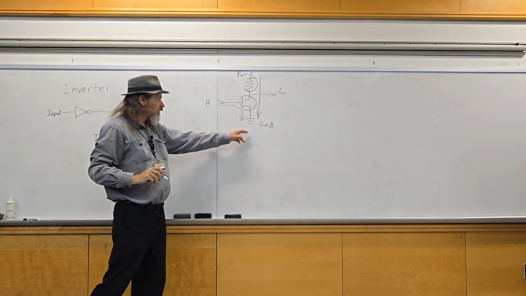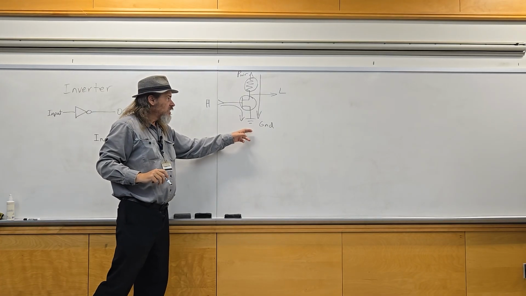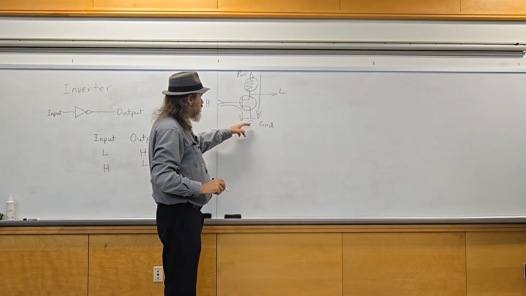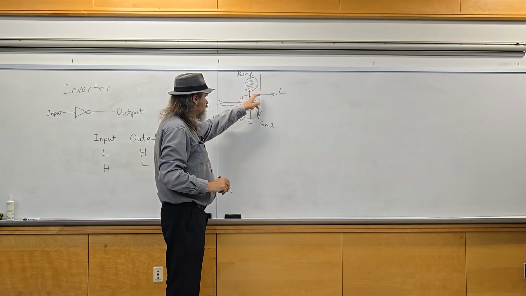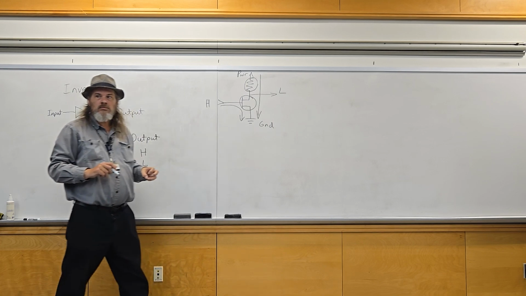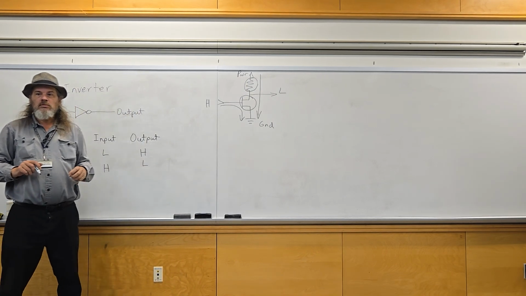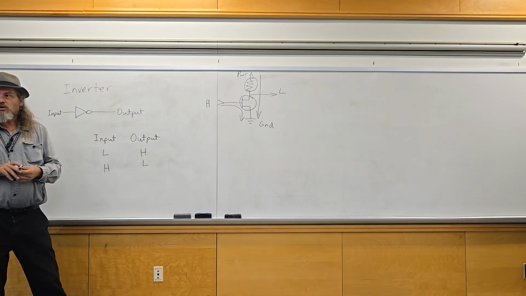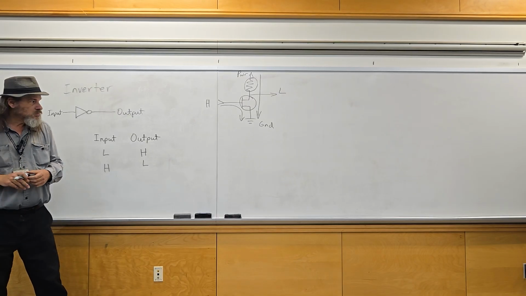It pulls it toward ground. There's a more direct connection to ground, with no resistance, as opposed to high resistance to power. So it would be more inclined to be ground or a low signal.